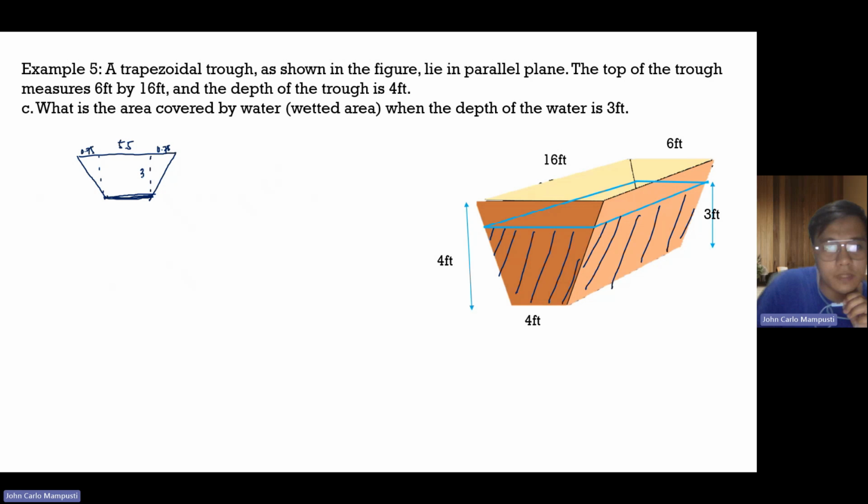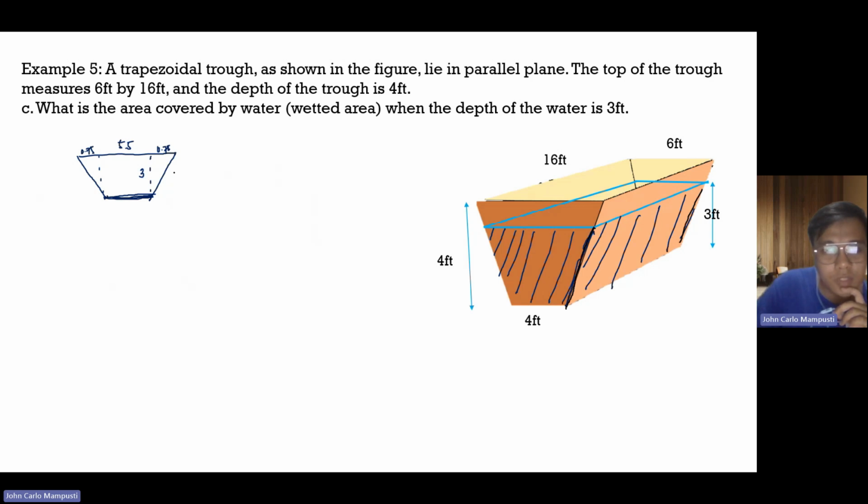So, this is 3 feet. So, paano kaya natin makukuha yung area nito? Kasi ito, no problem na eh. Nakuha na natin yung area nito, right? Paano natin kukunin yung area nito? So, para makuha natin yung area nito, we need to compute kung ano yung length na ito.